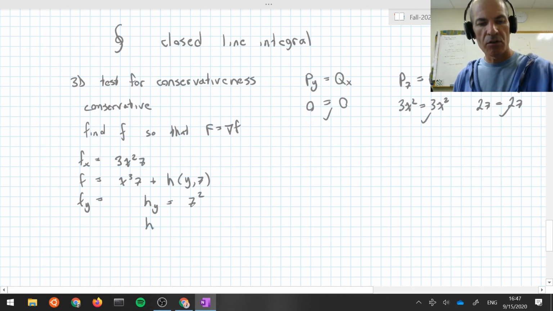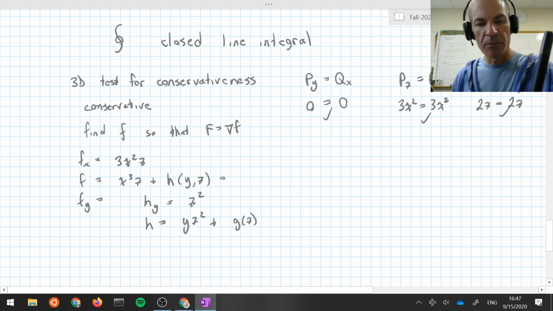H is the anti-derivative of z squared with respect to y: y z squared plus, what do you think? Well, you guessed it. This is going to be a constant that possibly depends on z. Let's call it g of z.